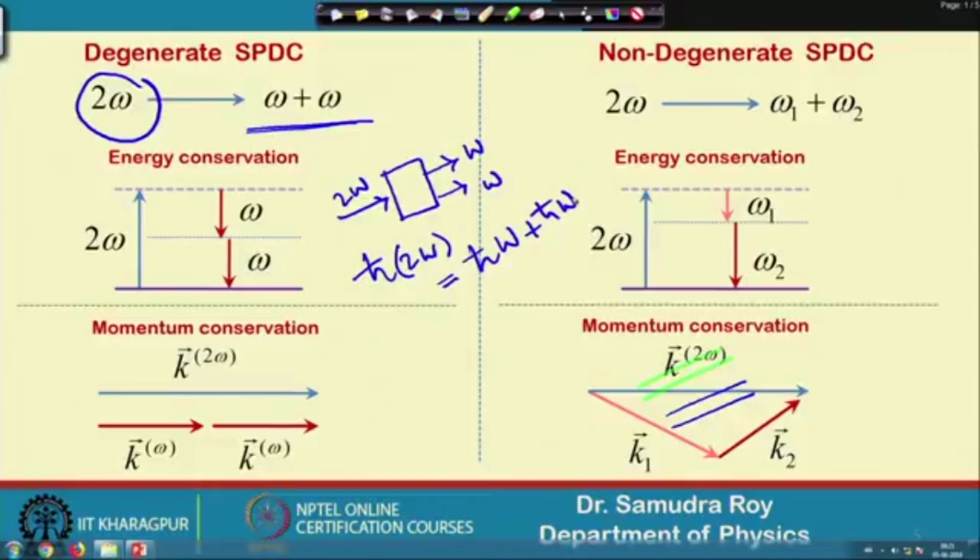And also the momentum conservation is there. So, this is the degenerate process because we are going to generate exactly the same frequency component, omega and omega, out of 2 omega frequency.